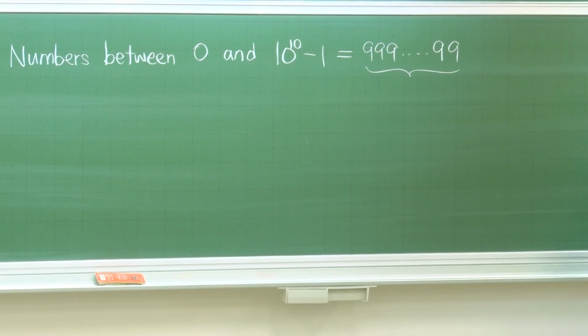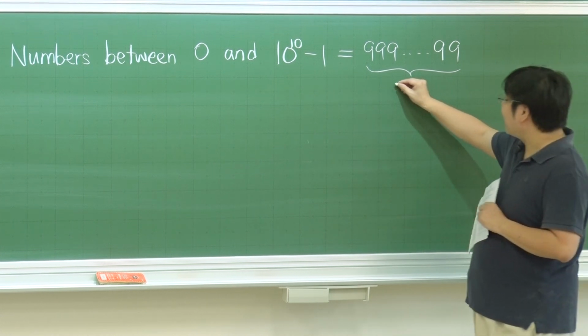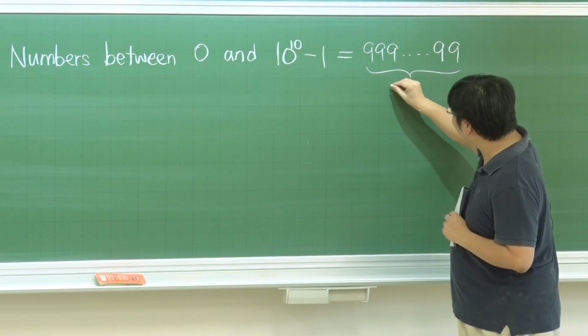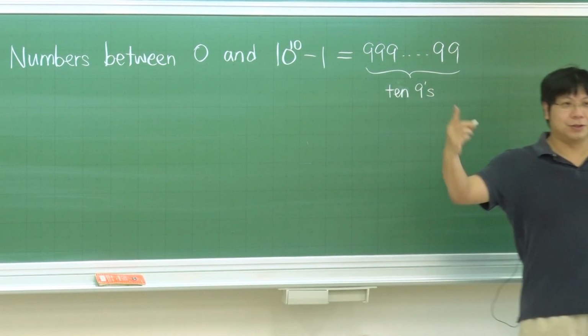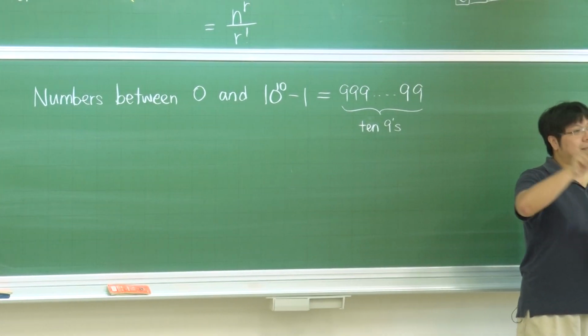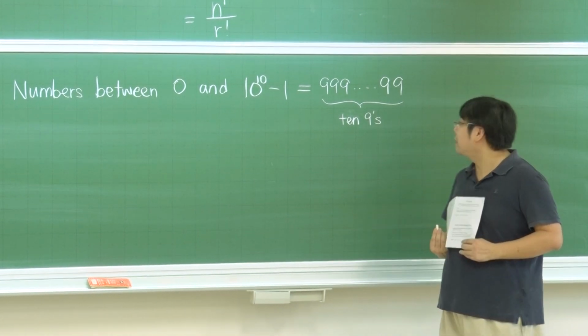How many 9s are there? 10. Very good. So there are altogether 10 9s. 10 to the power 1 minus 1, there is one 9. 10 to the power 2 minus 1, there are 2 9s. 10 to the power 10 minus 1, there are 10 9s.